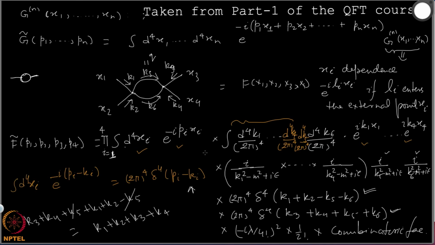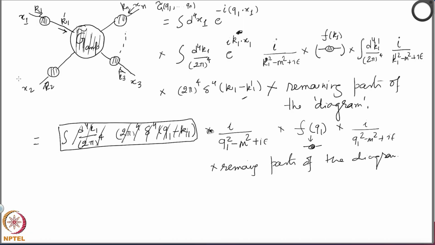If I call this q1 and this q2, then in addition to the propagators and other factors, it will have delta 4 of q1 plus q2. That's what you are going to get, and that is what I want to utilize now.